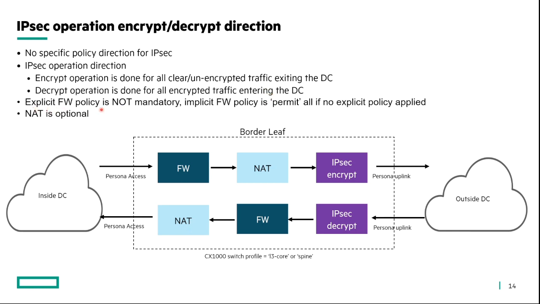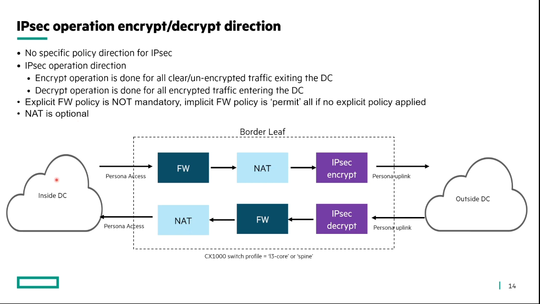An explicit firewall policy is not mandatory. An implicit firewall policy is permit all if no explicit policy is applied, so you don't actually have to explicitly apply a firewall policy. NAT, of course, is optional.